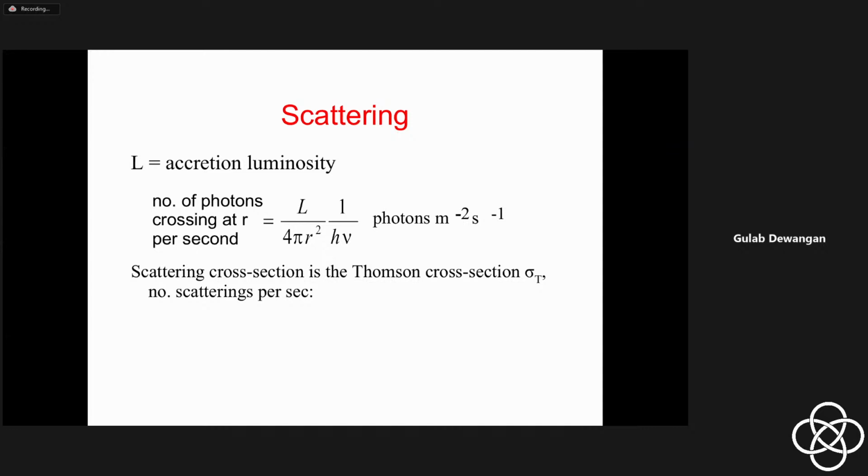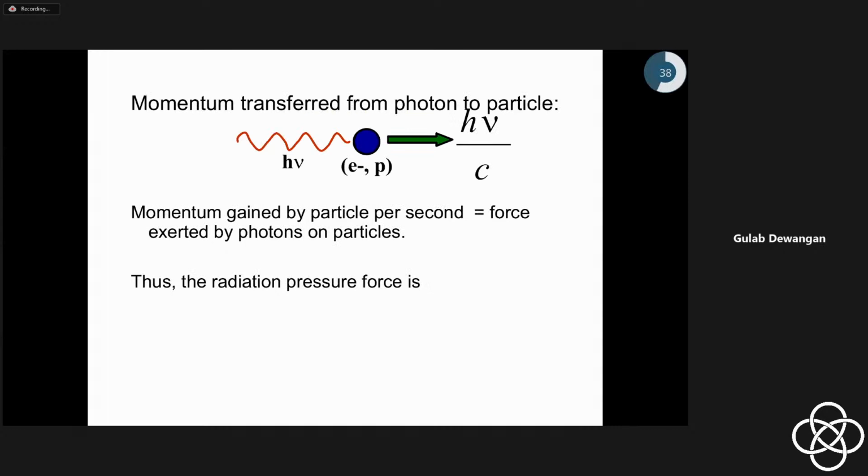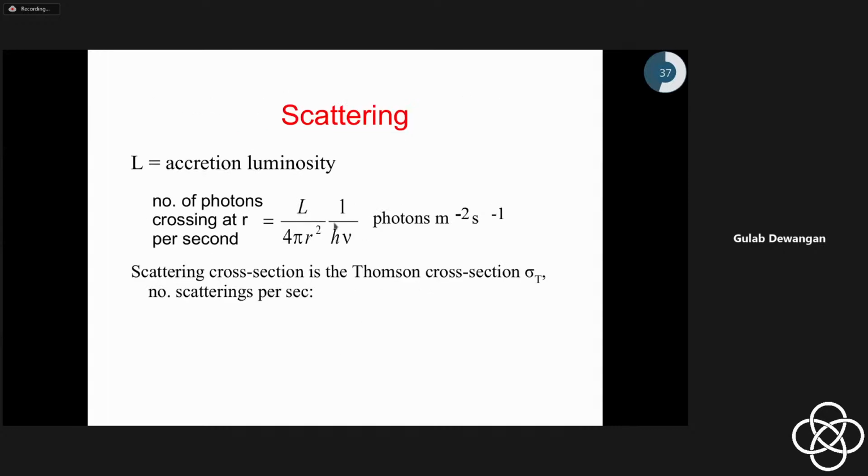The scattering cross section is the Thomson scattering cross section. So the number of scatterings per second will be sigma T multiplied by this quantity.